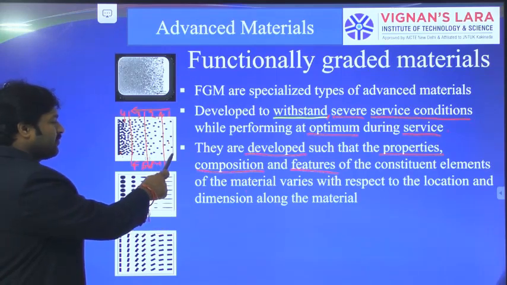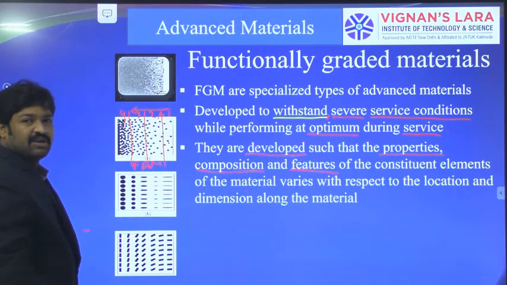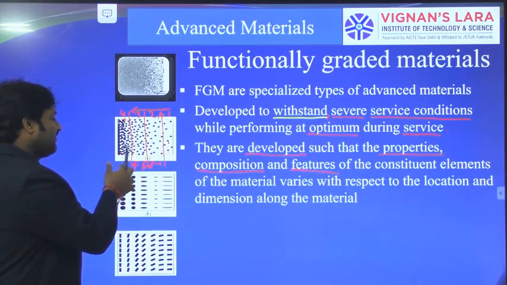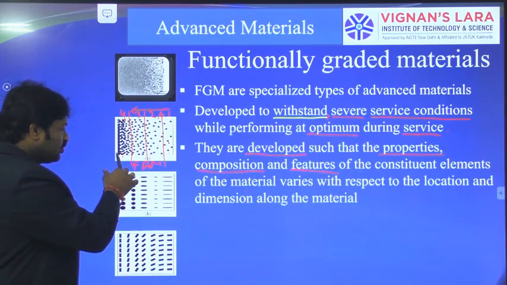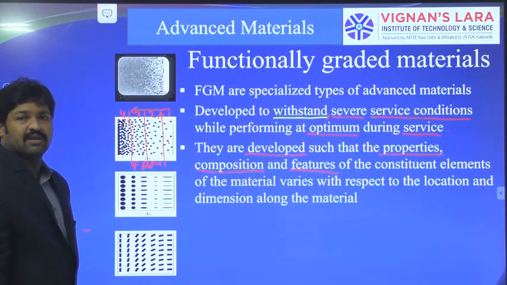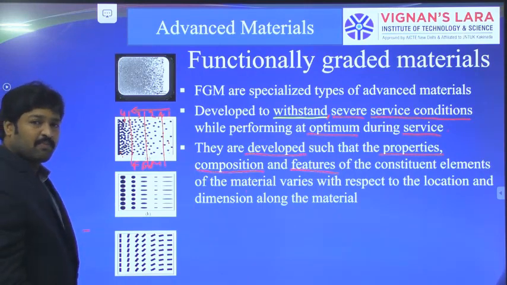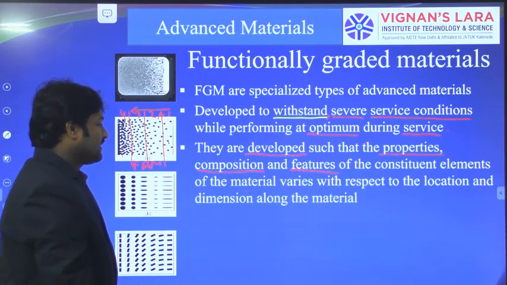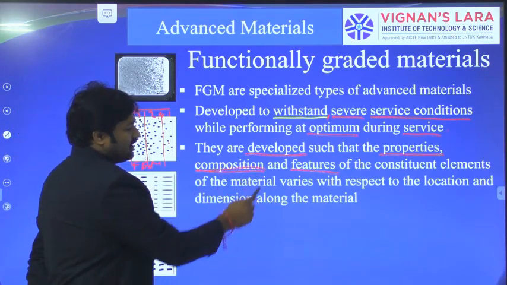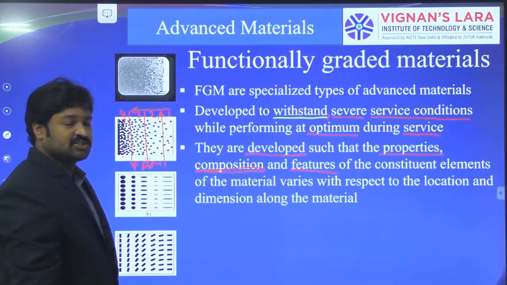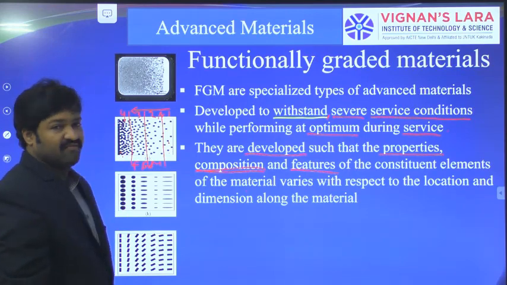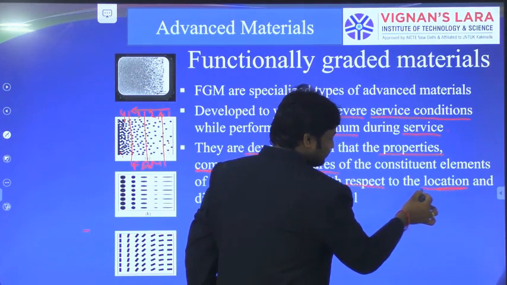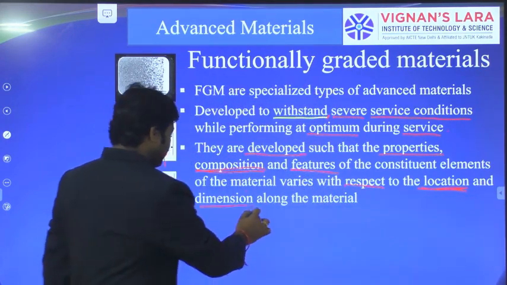If we consider the black spots as titanium, the titanium particles are fewer here, whereas here they are more. Due to the variation in the titanium or the different material, the properties will vary. So the properties, the composition and the features of the constituent elements of the material vary with respect to the location and the dimension.